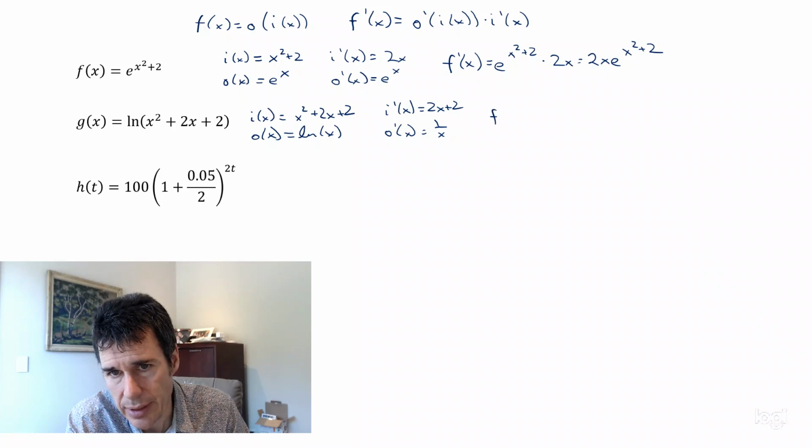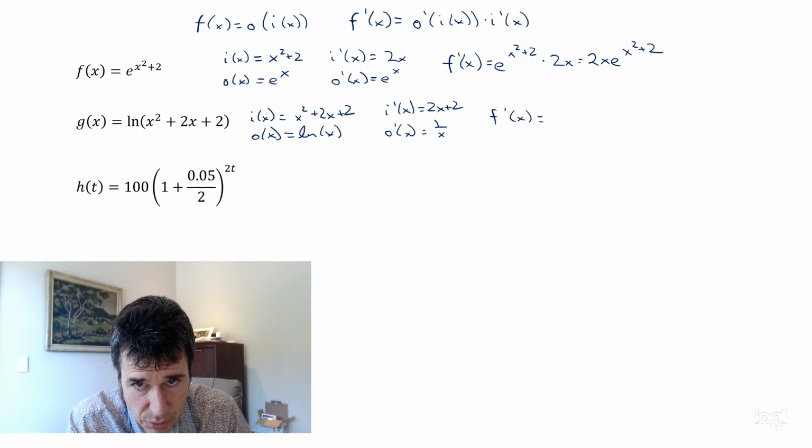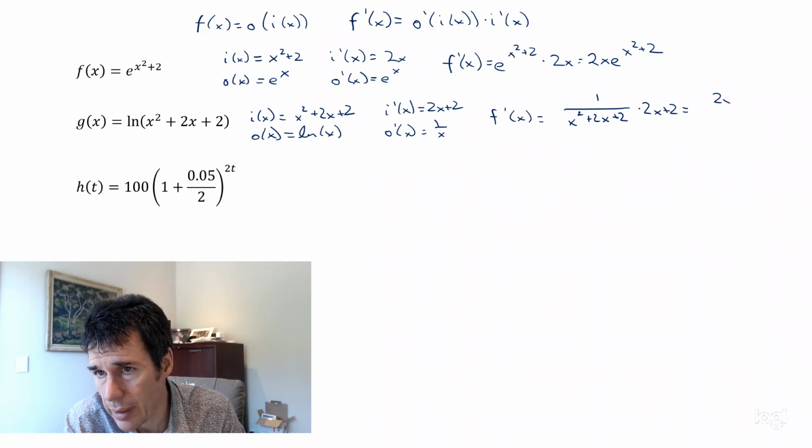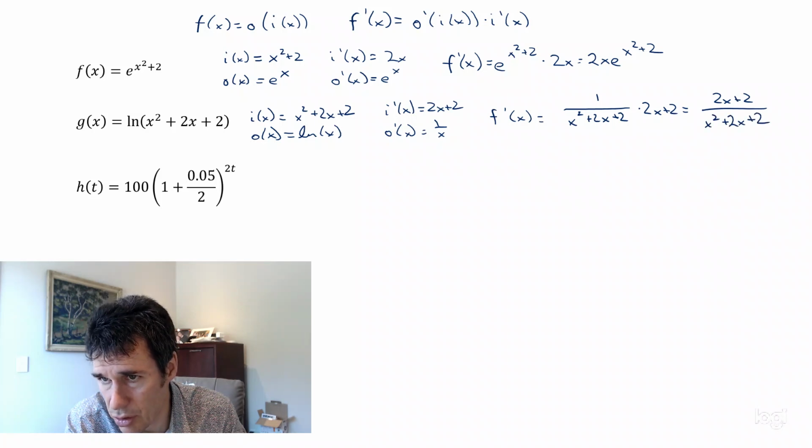And now we can write down our derivative, which is the derivative of the outer function applied to the inner function. So that's going to be 1 over x squared plus 2x plus 2 times the derivative of the inner function, 2x plus 2. So that's simply 2x plus 2 divided by x squared plus 2x plus 2.